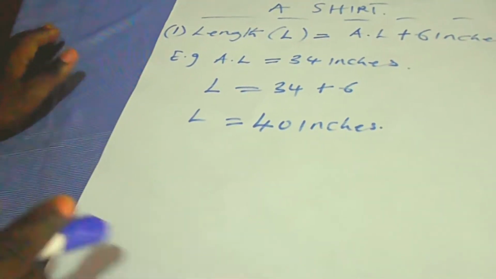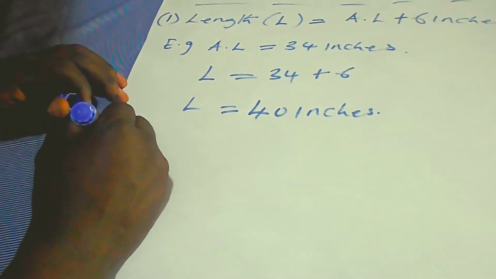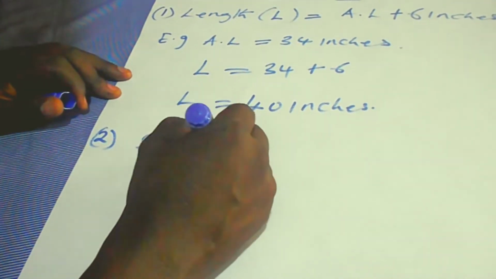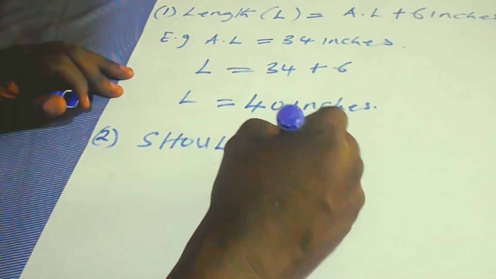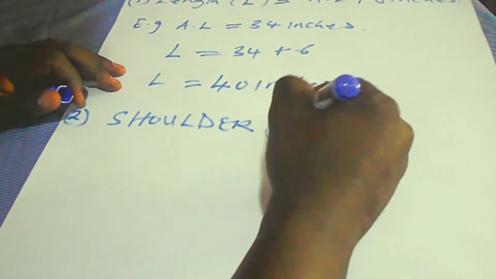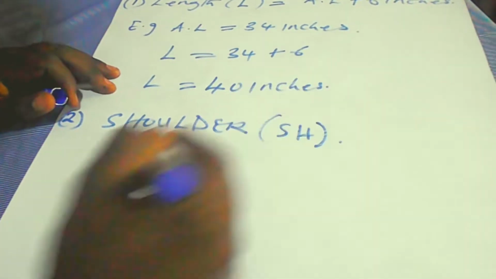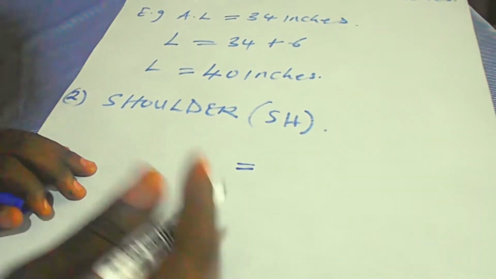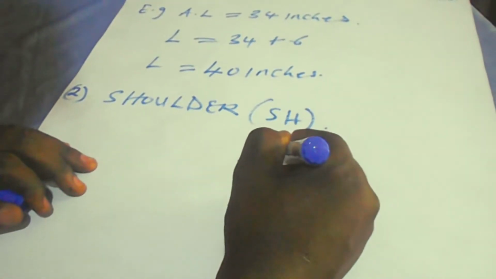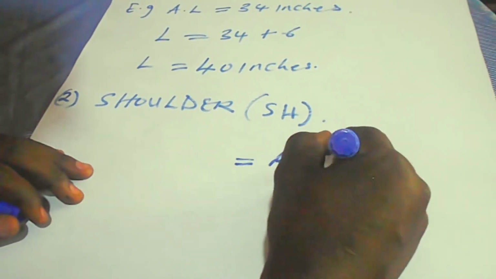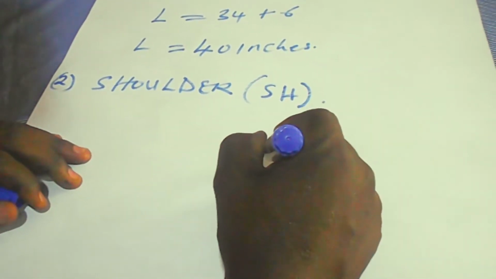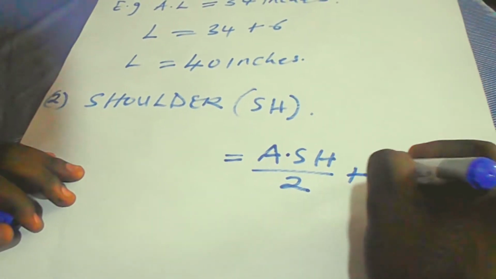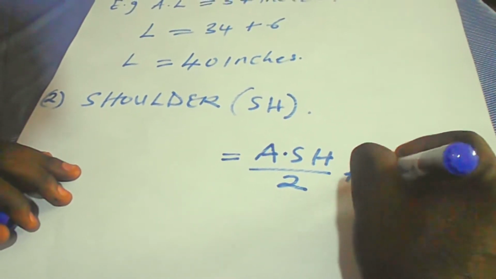Alright, next we go to the shoulder. Shoulder is denoted by SH, and is given by actual shoulder measurement divided by 2 plus half inch.